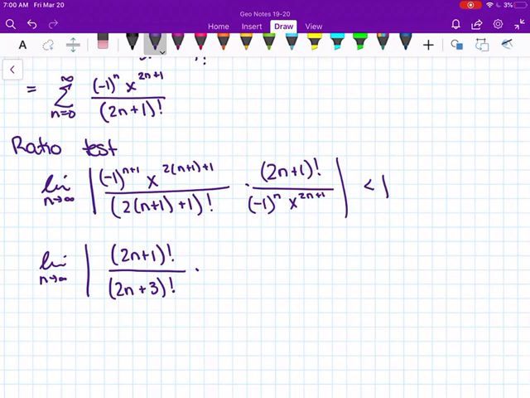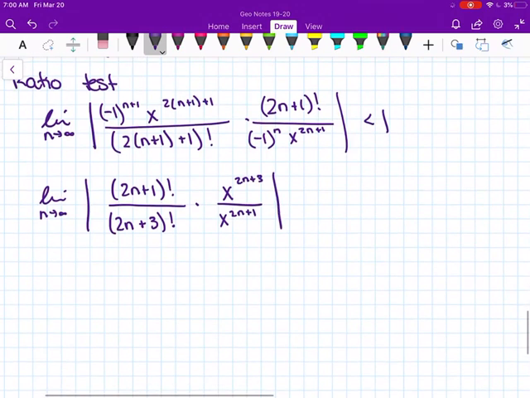And then over here, I get x to the 2n plus 3 divided by x to the 2n plus 1. I want that to be less than 1. And I'm looking as n goes to infinity. Well, the denominator is always going to be bigger because this factorial is larger than the factorial on the numerator.